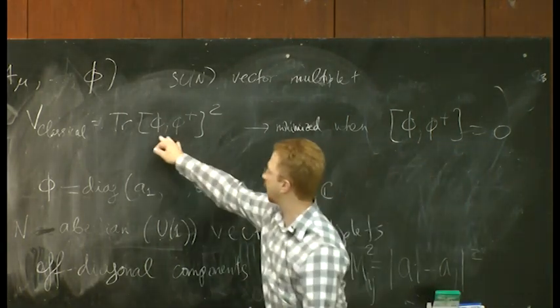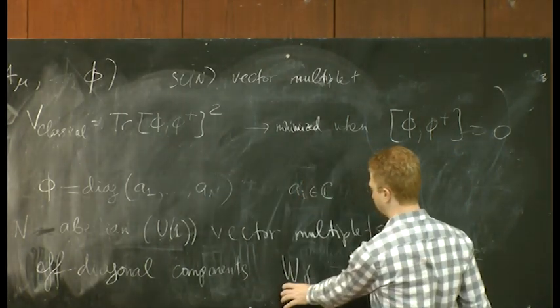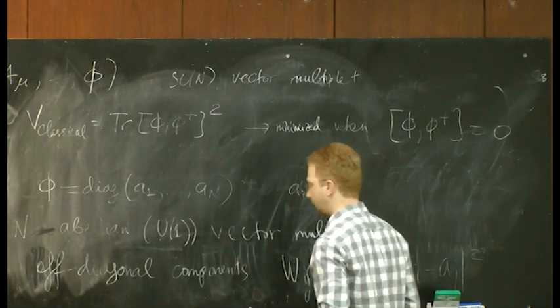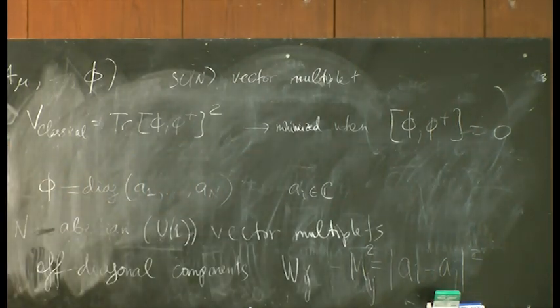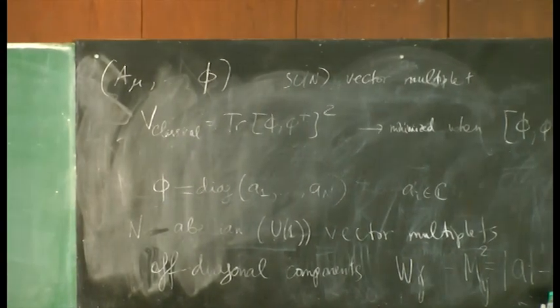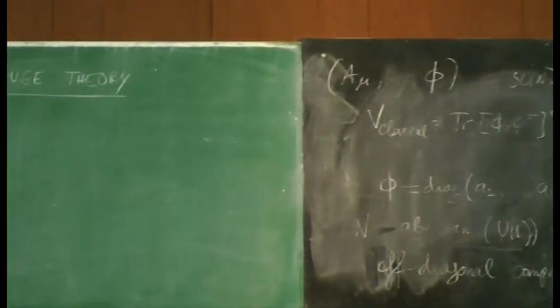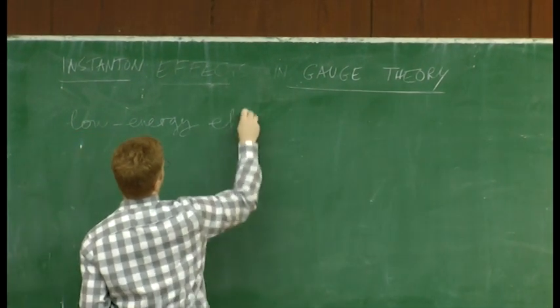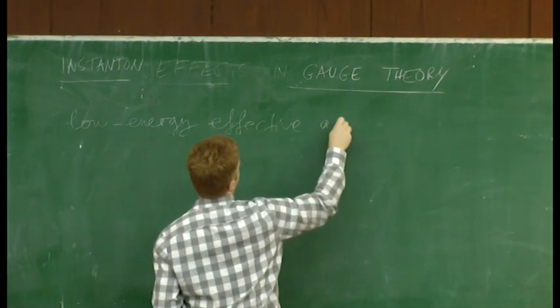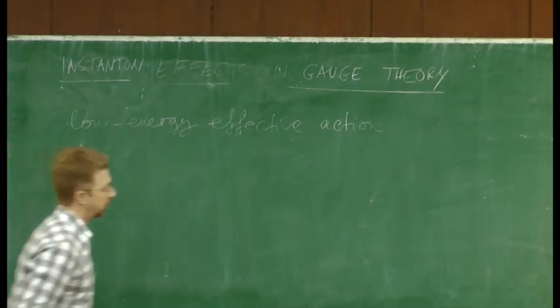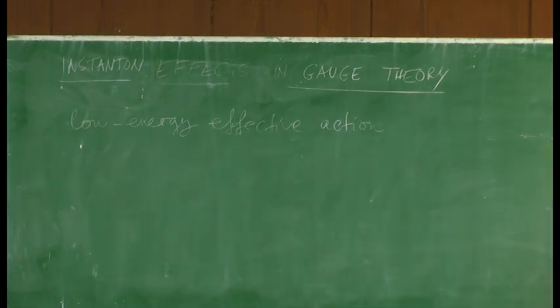You can see that for the scalar component of a W multiplet, you can just see it from this potential. And for the vector components, you have to look at the scalar kinetic term. So what you expect is that the low energy effective action would be that of the sigma model on the space of these eigenvalues a.